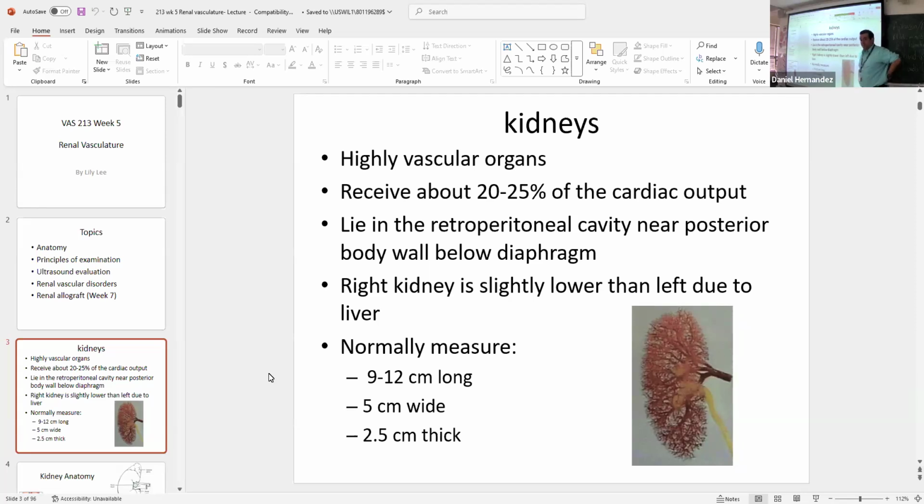Do they measure prone? Yeah. They don't do width though. I know. They don't care about width. The difference between the two kidneys, it's 2 centimeters. I thought they told me 1 centimeter. We always measure.